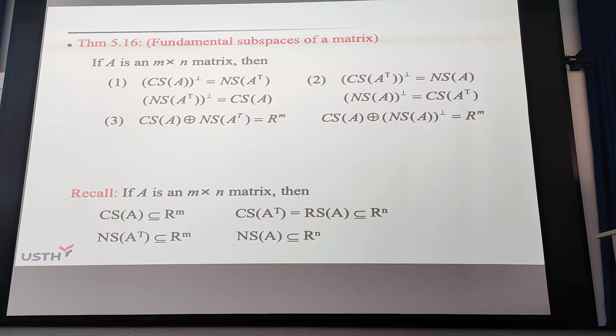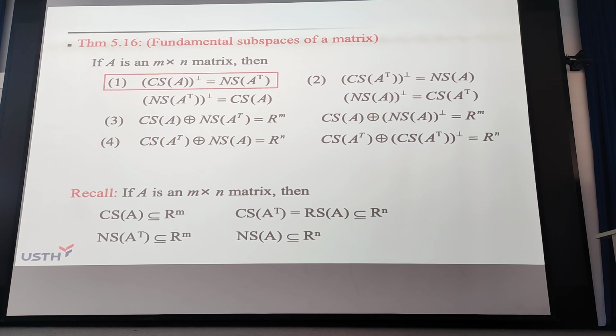And the other way, if we consider those subspaces lying inside Rn, you get the row space of A direct sum with the null space of A will be Rn. So we have four things about orthogonal complements corresponding to the fundamental subspaces of a matrix. I insist on only one thing, and from here you can imply all the other formulas.